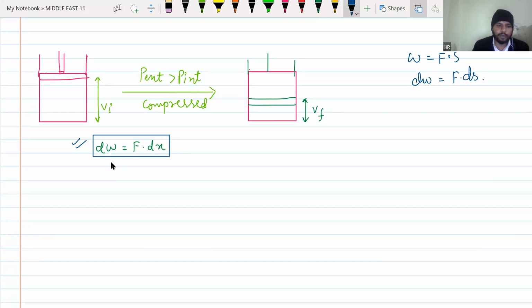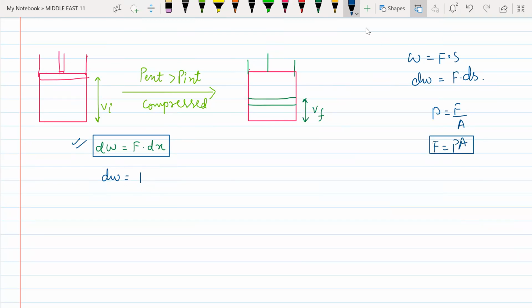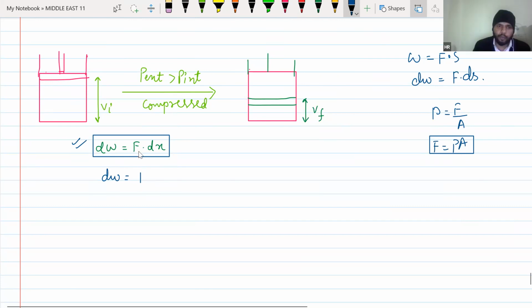Now you also have studied that pressure equals force upon area. So force is equal to pressure into area, right? Yes, sir.